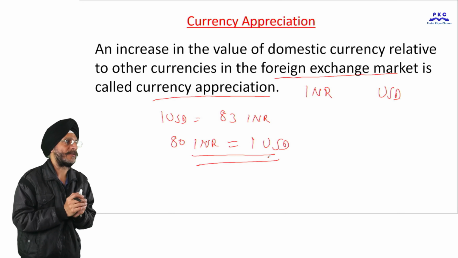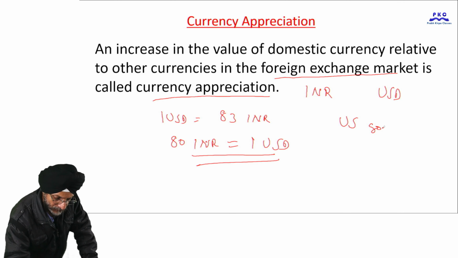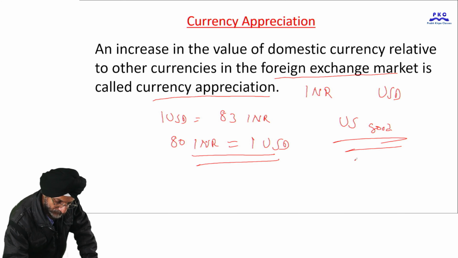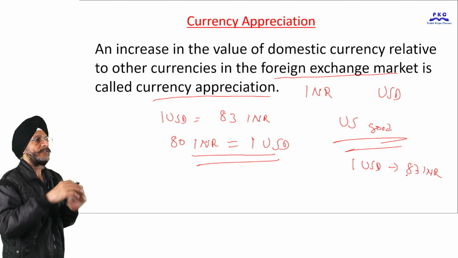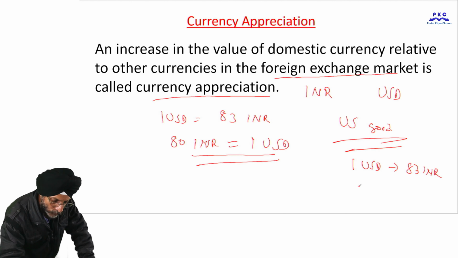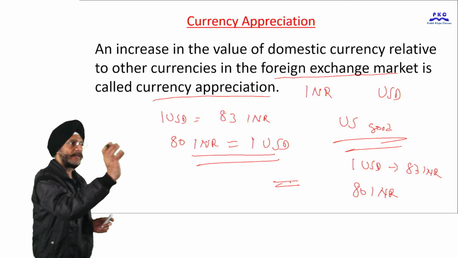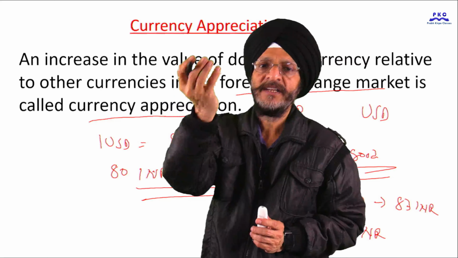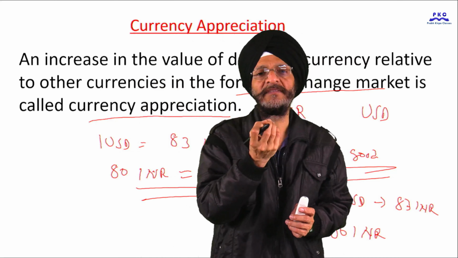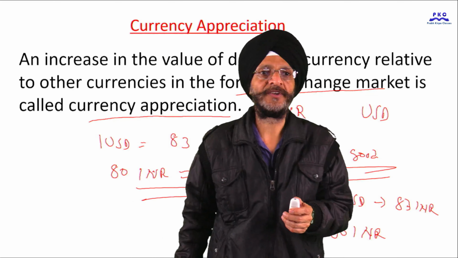If earlier we were importing a US good for 1 US dollar, we had to pay 83 Indian rupee. But now when we are importing the same good from USA, we have to pay only 80 Indian rupee. So this is currency appreciation, where the value of our domestic currency increases relative to foreign currencies, and it increases the purchasing power of the residents of the appreciating country.